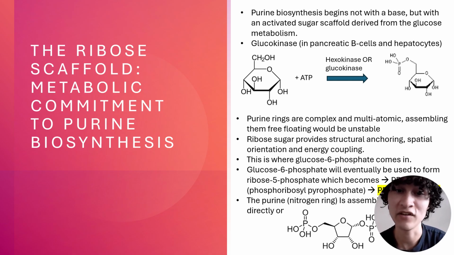So it's important that we use our ribose sugar, our PRPP, or phosphoribosyl pyrophosphate, as a scaffold to provide some structural anchoring and spatial orientation. It also stabilizes that purine ring a lot more.